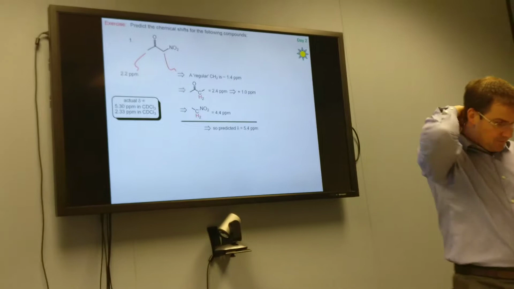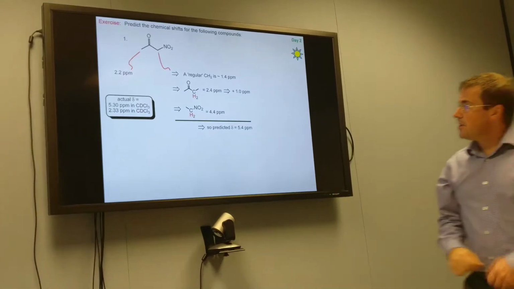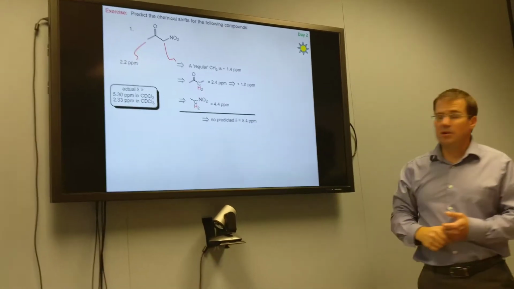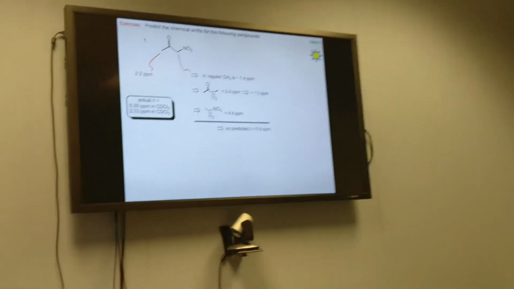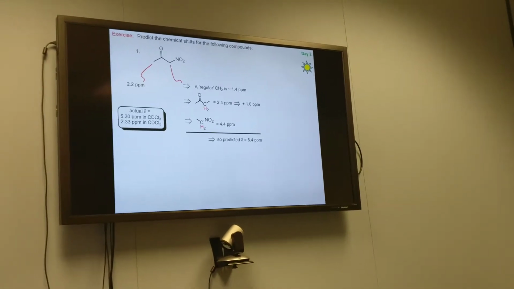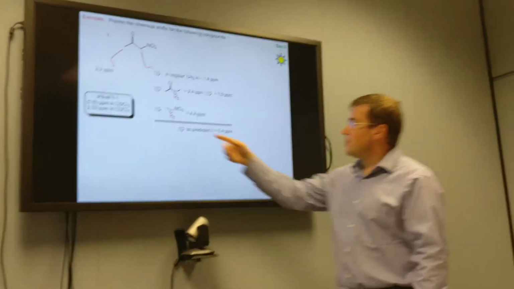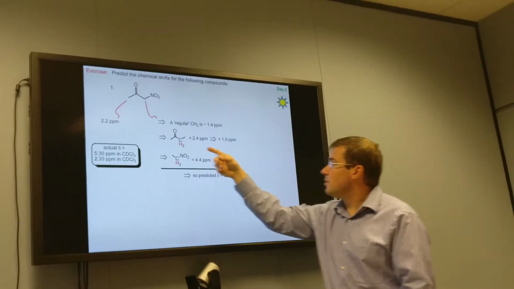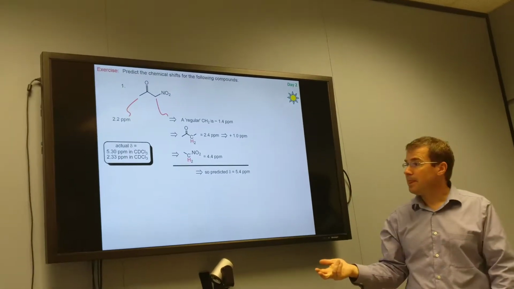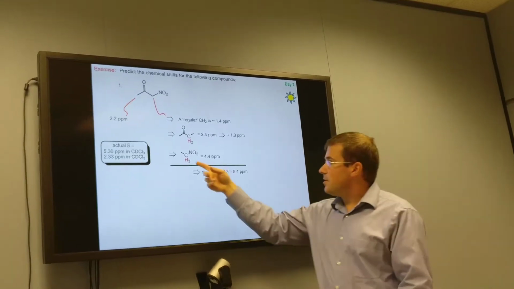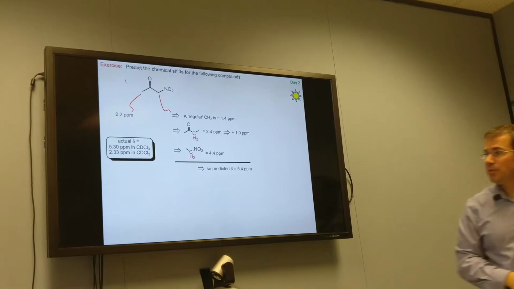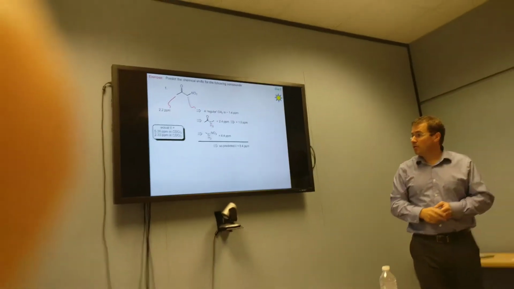Okay. You know that a methylene next to a carbonyl appears in the NMR at about 2.4 parts per million. Okay, you can look that up in the table, or you can determine what that might likely be from acetone. And so you might say, therefore, that that carbonyl is worth an extra 1 part per million, roughly speaking. Okay. Similarly, you know that a methylene next to a nitro group appears at about 4.4 parts per million.